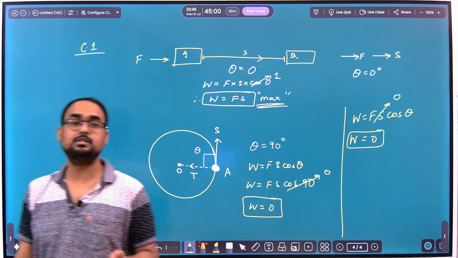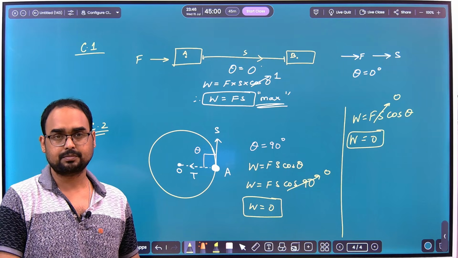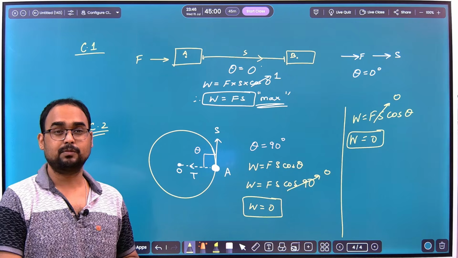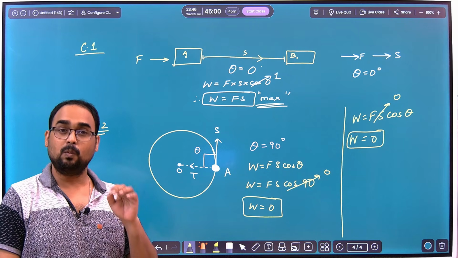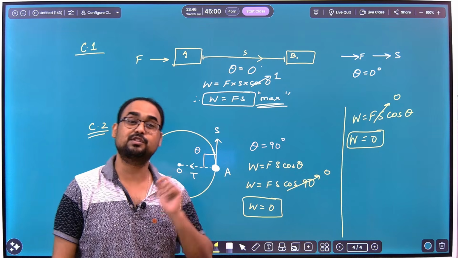Why is S considered 0? Because the body is returning to its initial position only. But if someone asks, okay, the body is not returning to its initial position, what will be the work done if the body has completed half circle?